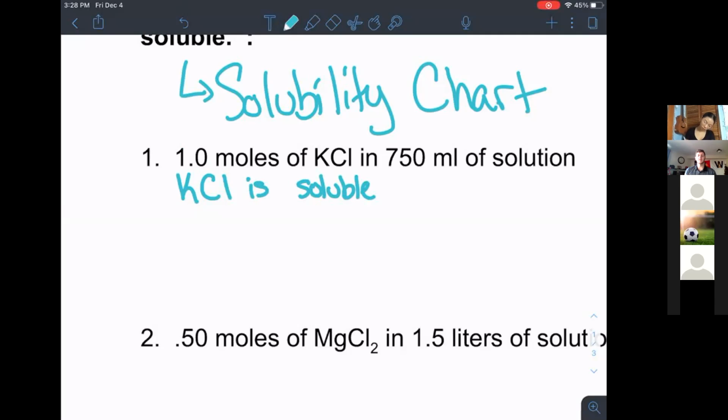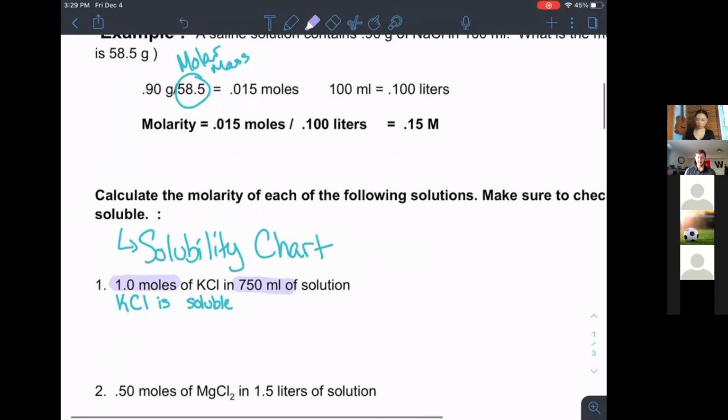And so if we're going through this, one way we could do it is identifying the three variables we are looking for. So we have moles and we have milliliters. Are those two the correct things to solve for molarity?